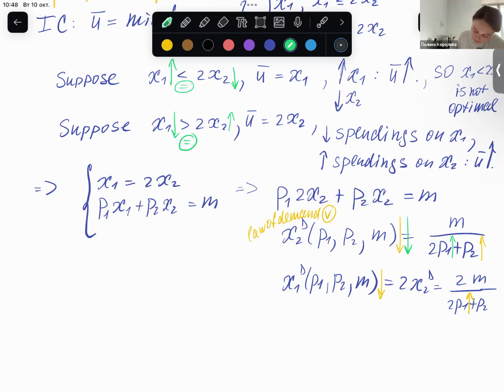And here the same, the higher the price of petrol, the lower the demand for cars. So these two goods are complements. And the last check, the higher the monetary income, the higher the demand for both goods. So these goods are normal.